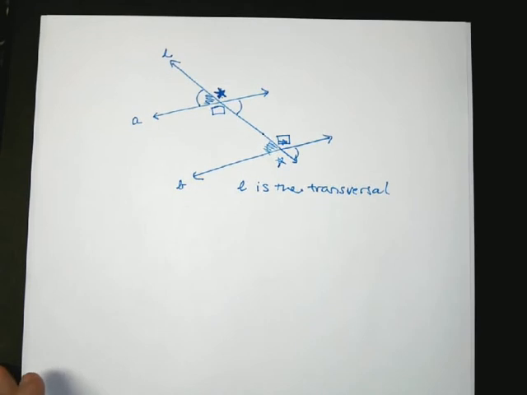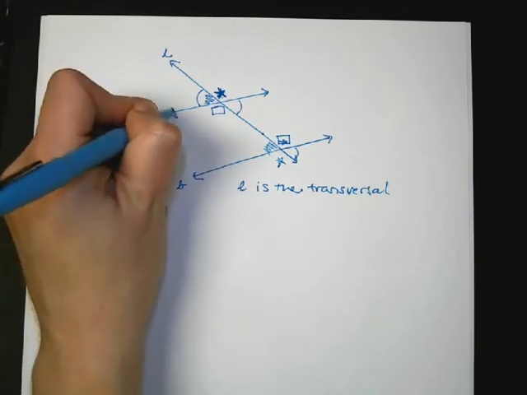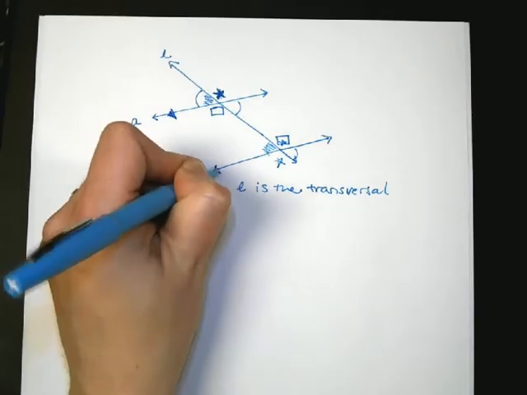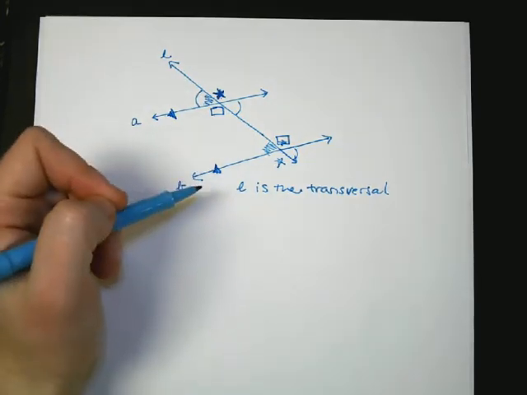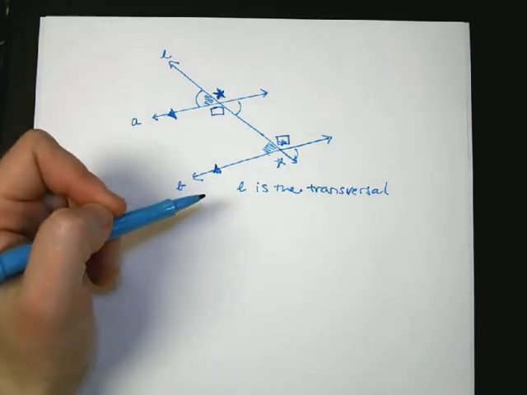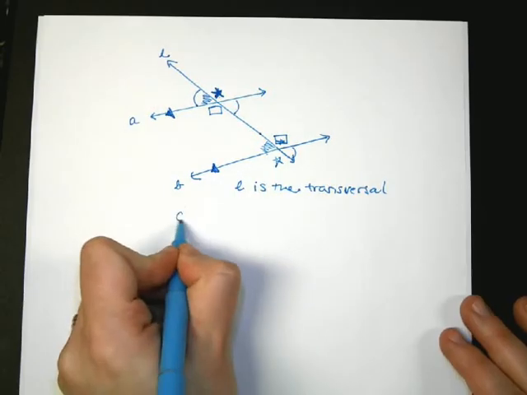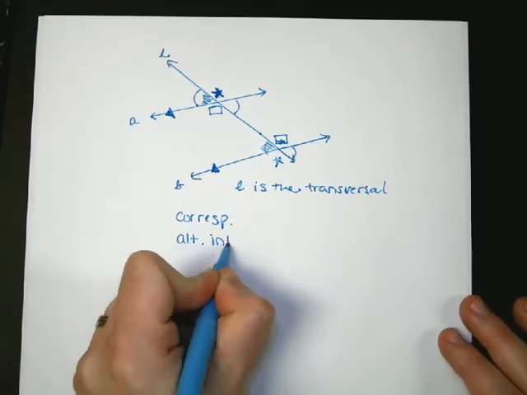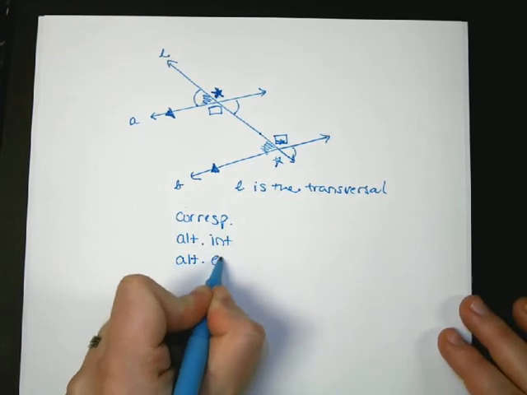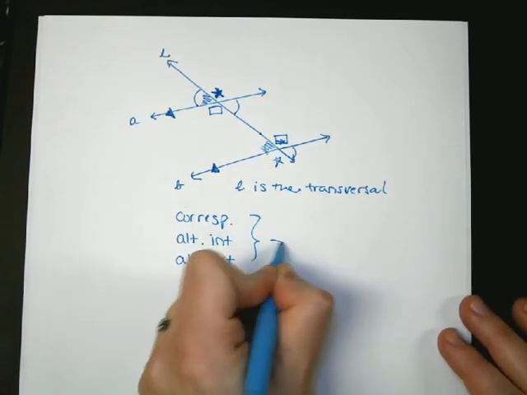We also talked about the relationships between those angles. If we had parallel lines, denoted by the bolded arrows, that our transversal was crossing, then we knew that corresponding, alternate interior and alternate exterior angles were all congruent to each other.